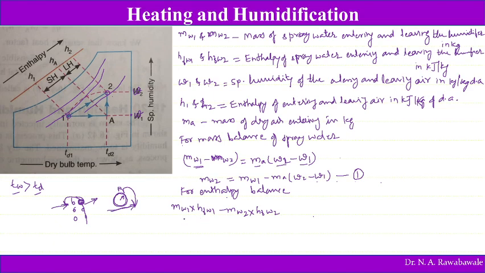This total enthalpy difference is lost, and that enthalpy is gained by the mass of air to increase its enthalpy from H1 to H2. So mass of air into the change in enthalpy of air from H1 to H2. We call this equation number 2.